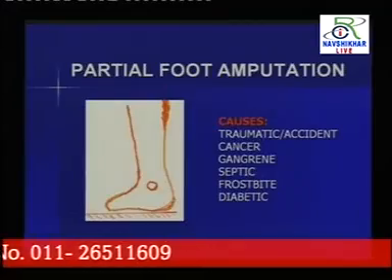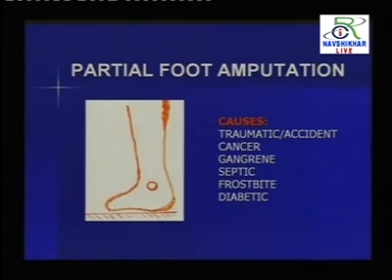So these are some causes of amputation: traumatic or accident, cancer, gangrene, septic conditions, frostbite. Frostbite is in very cold areas where there is ice, like Ladakh or the upper hills, where the person is all the time within shoes and in the cold ice itself.